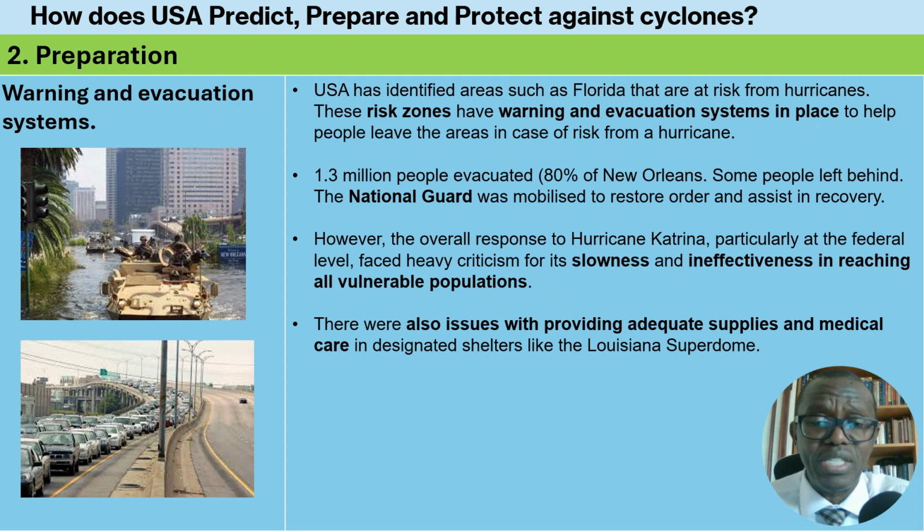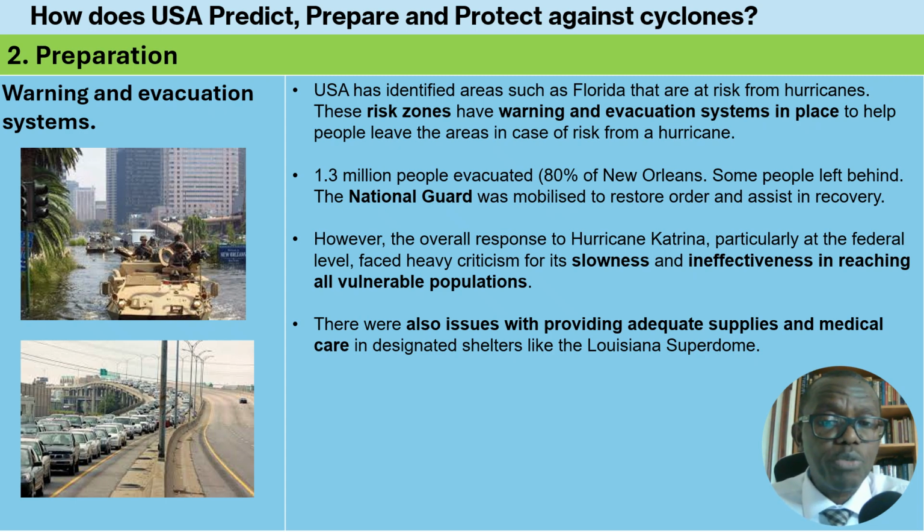However, a criticism is that some people were still left behind. We did talk about the elderly that were left behind, and the ones who were too poor to leave the area. Those ones were left behind. The National Guard was also mobilized to restore order and to assist recovery.